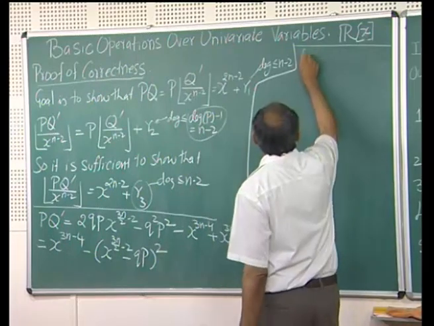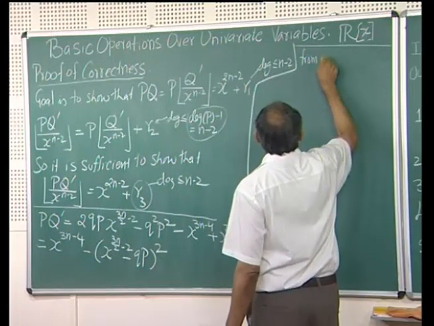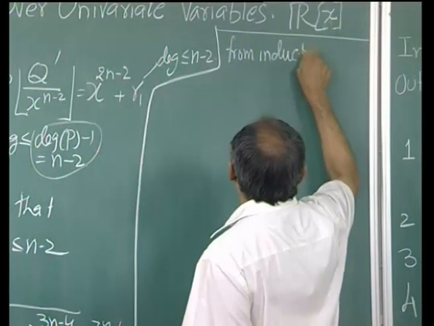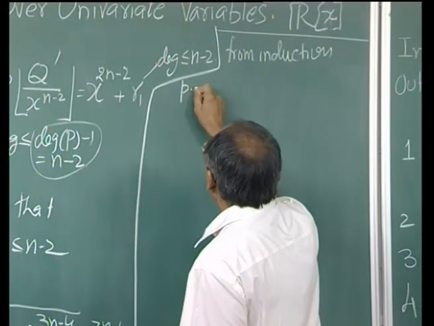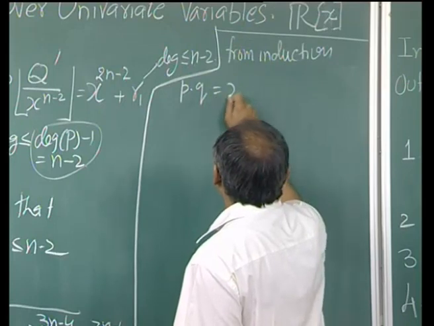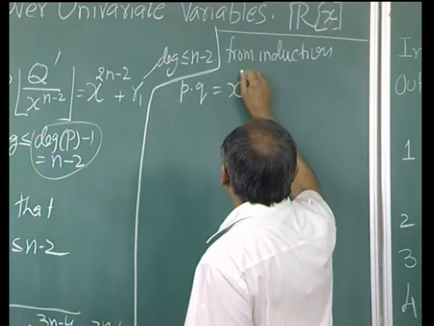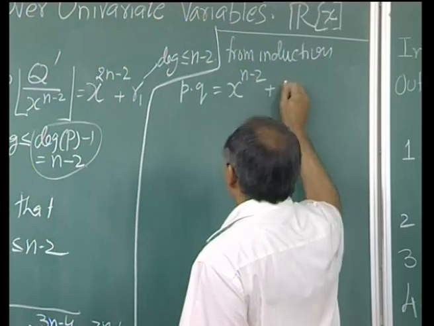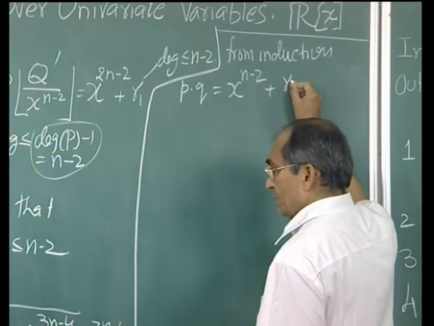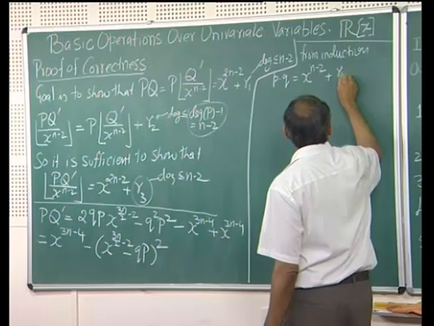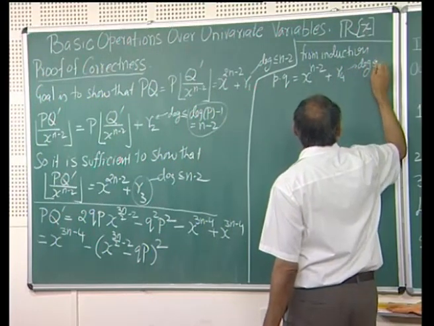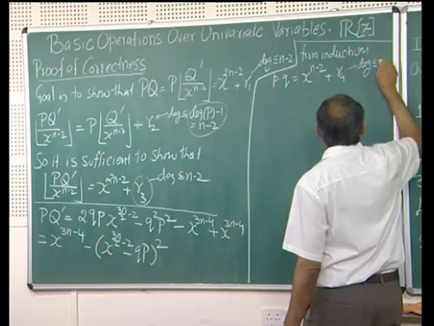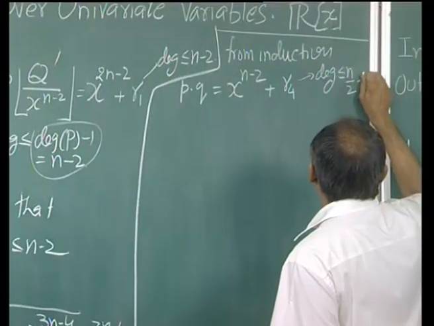So, from induction, p times q is x to the power n minus 2 plus r4 with degree less than or equal to n by 2 minus 2.